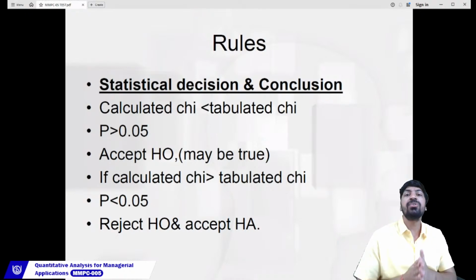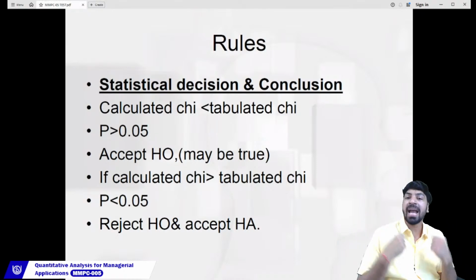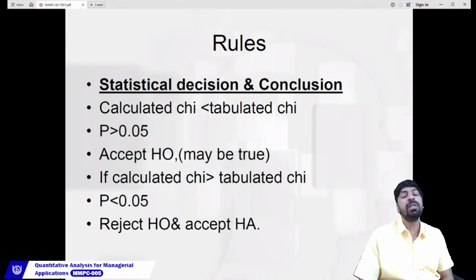So these are the rules of the chi-square test, which will be applied once the researcher calculates the chi-square value and the tabulated value. And accordingly, the researcher will apply the rule and conclude the hypothesis statement.